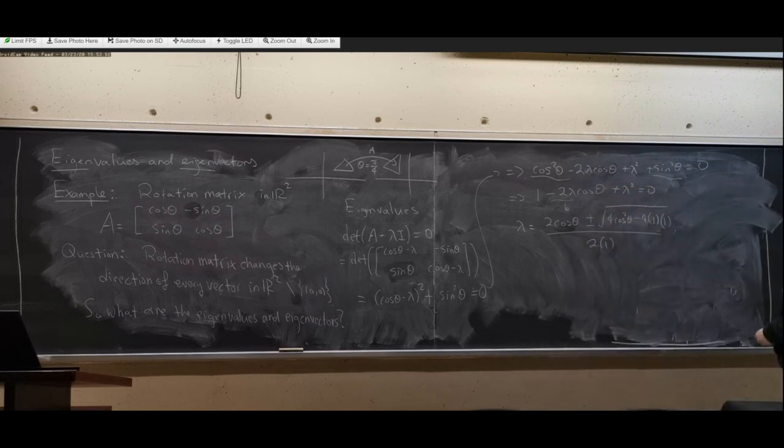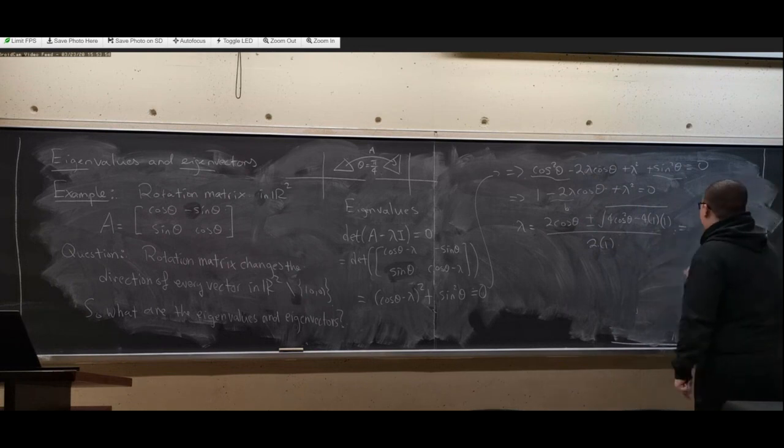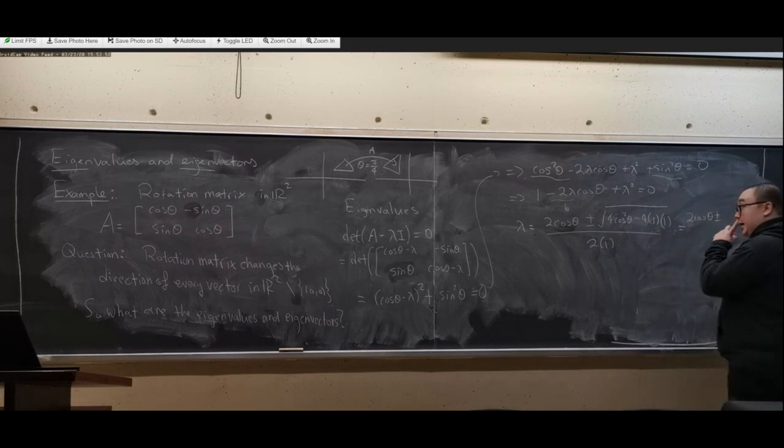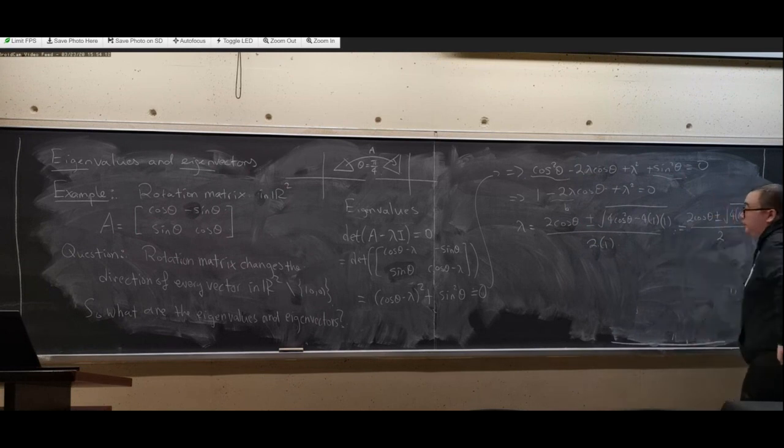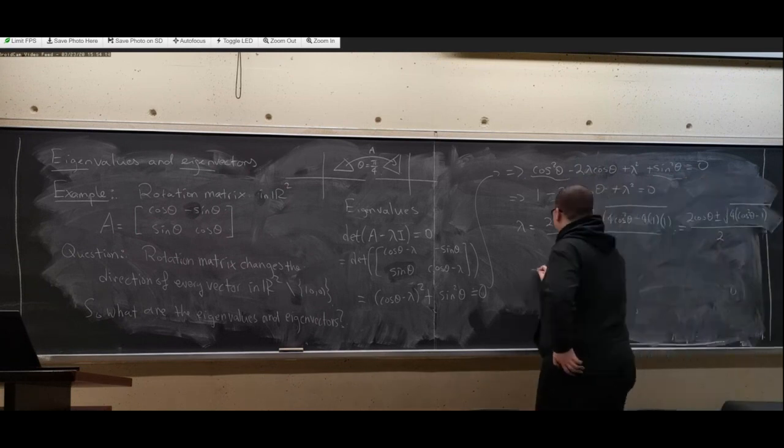Quadratic equation difficult. So this equals 2 cosine of theta plus or minus. I can factor 4 out. So this becomes 4 times cosine squared theta minus 1, over 2. Right?